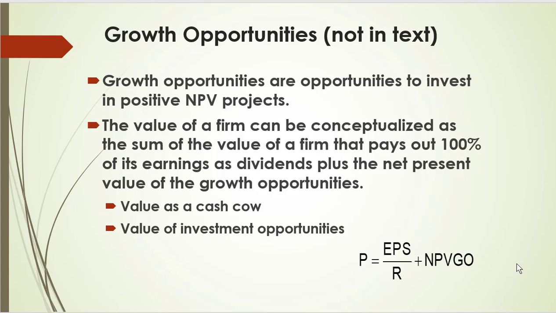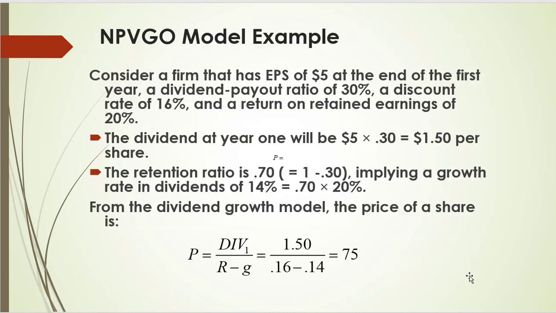So essentially it looks at two things. It calculates the value of the company as a cash cow, and it also looks at the value of investment opportunities. So the value of a stock is the earnings per share. This is the value as a cash cow. And this is the value that the investment strategy provides moving forward.